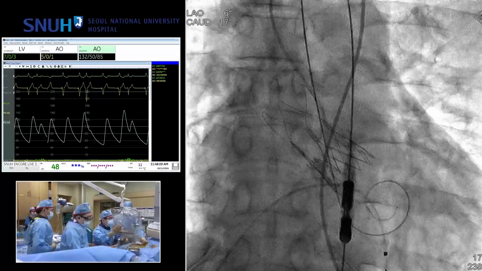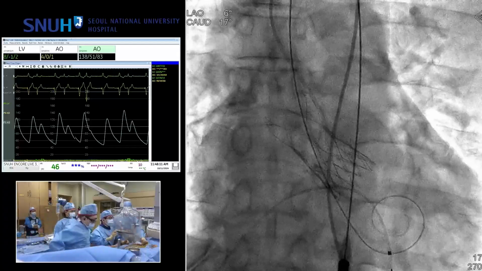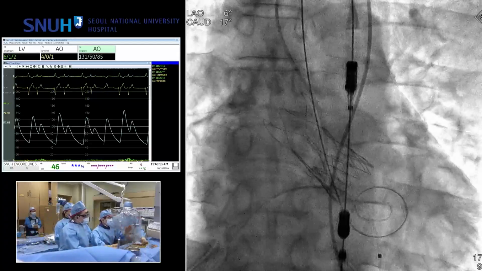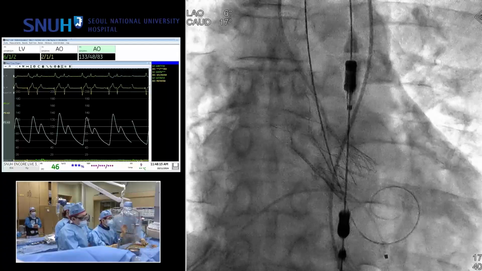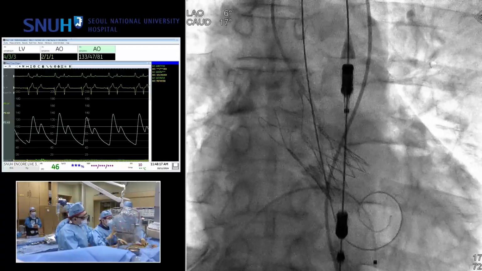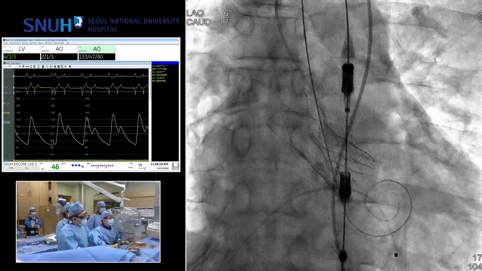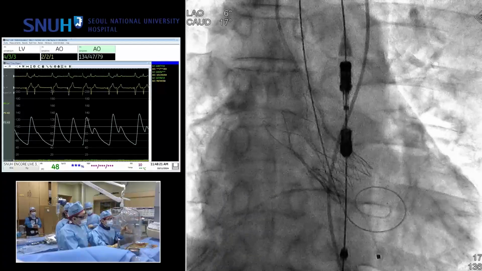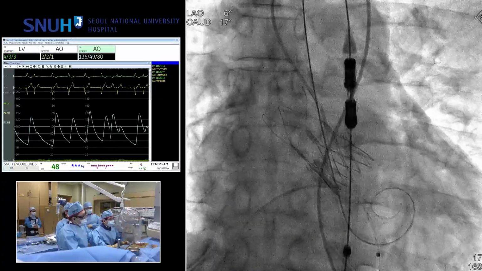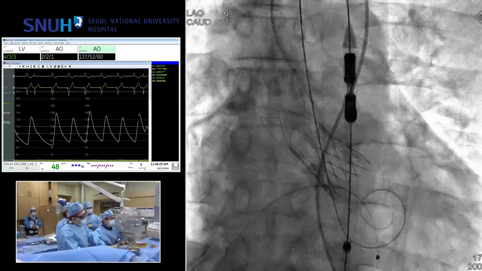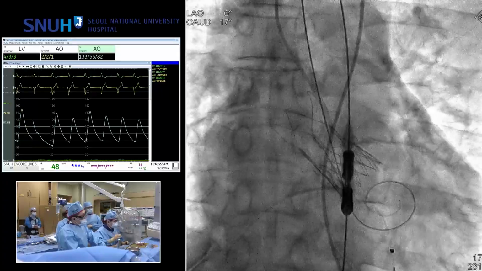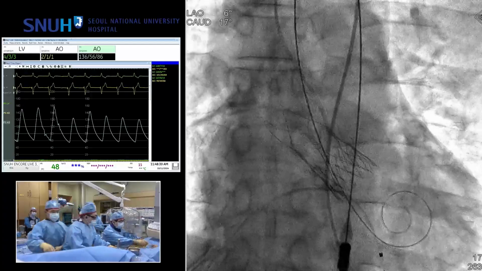Right one corresponds to commissure between right and left. Left one post locating commissure between right and non. Thus, in Ricard's view, when you see such kind of distribution, the commissural alignment was perfect.